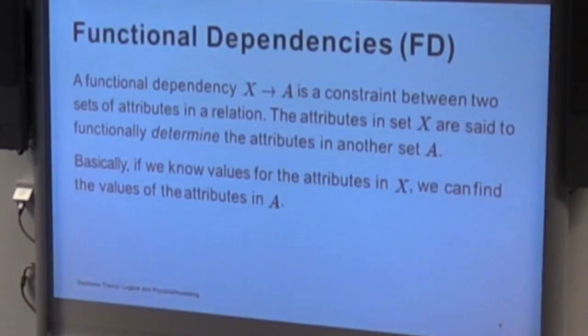There are also versions of this when parts of your non-key attributes start to determine, or be functionally dependent on, other non-key attributes, and that is also something that we shall be talking about today. So what they have in the last paragraph there is that if you know the values for the attributes in the set X, then you can always find the attributes in the set A. So it sort of points out.